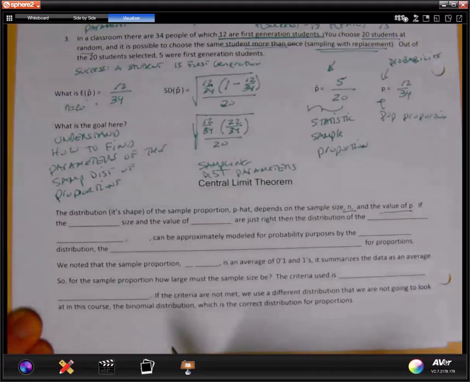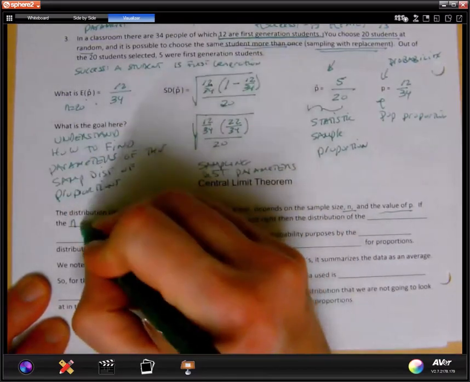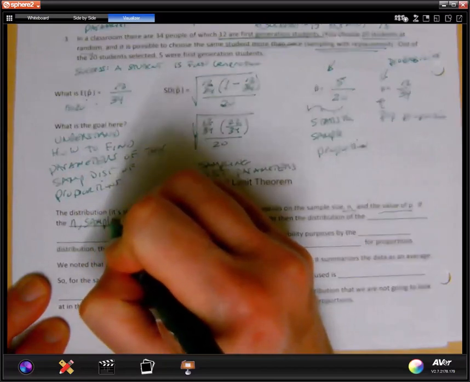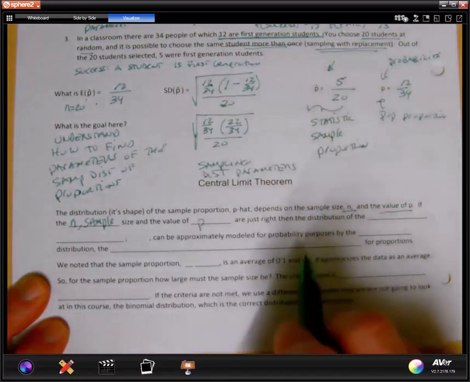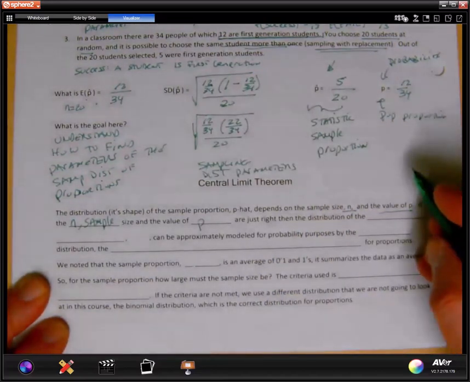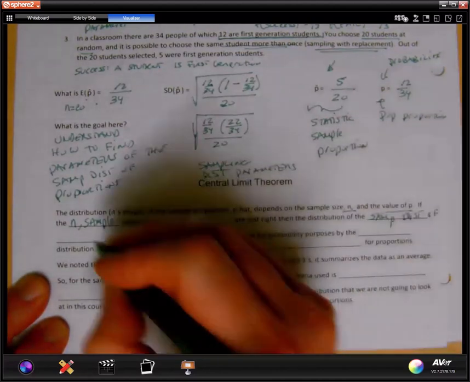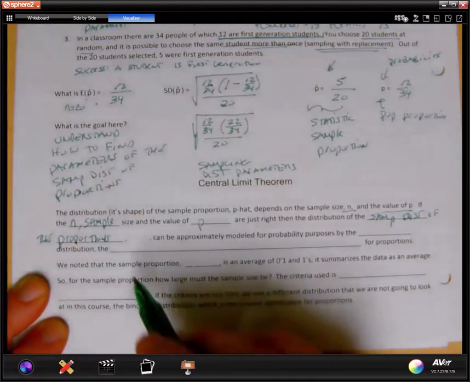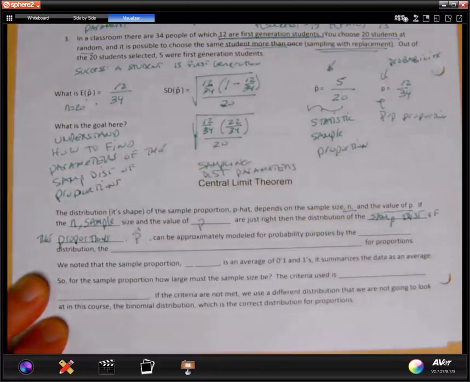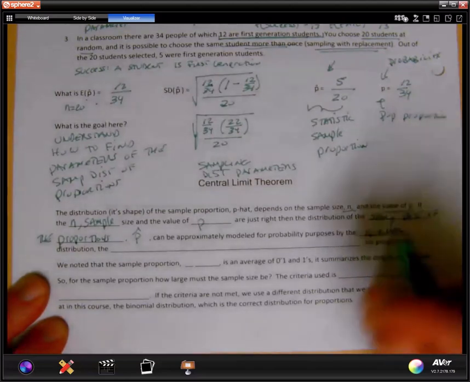If the sample size and the value p, the population proportion, are just right, then the sampling distribution of the proportions p hat can be approximately modeled for probability purposes by the normal distribution.